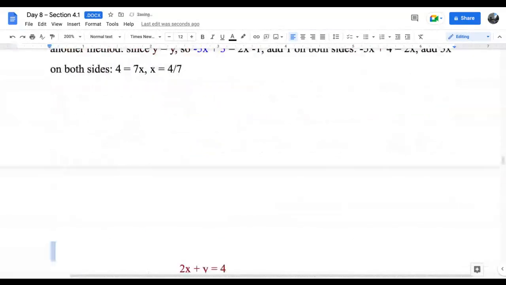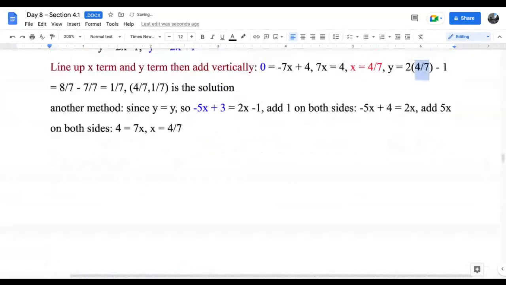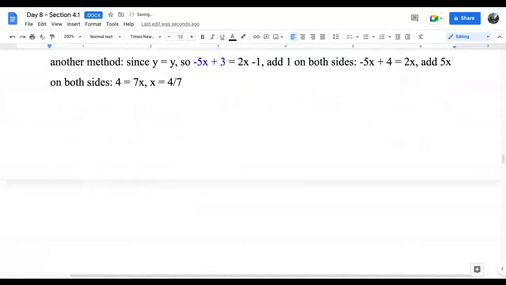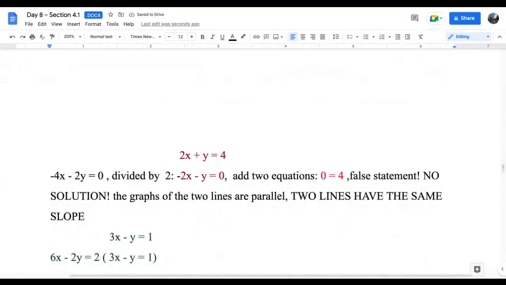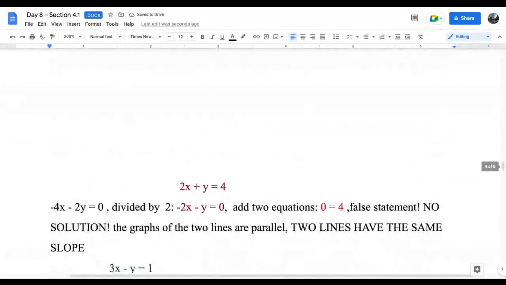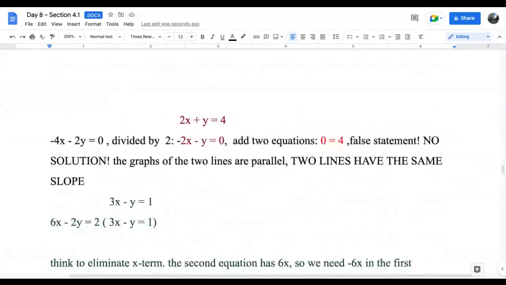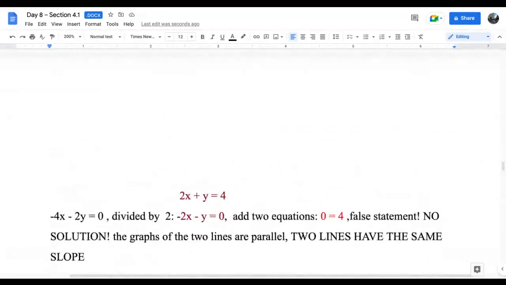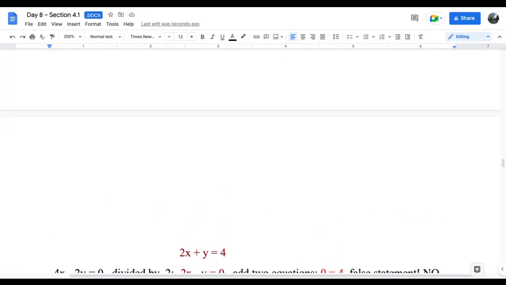I think I'm missing something. Hold on a second. Did I delete something? This is only one equation. 2x plus y equals 4.